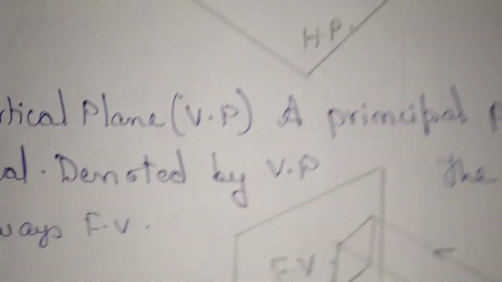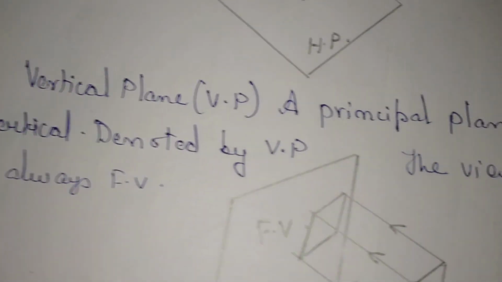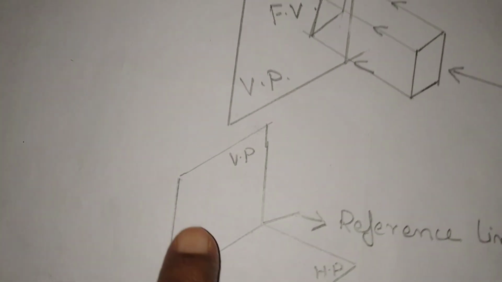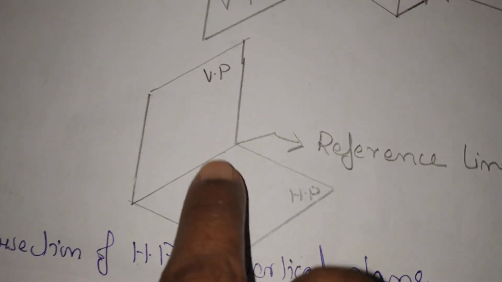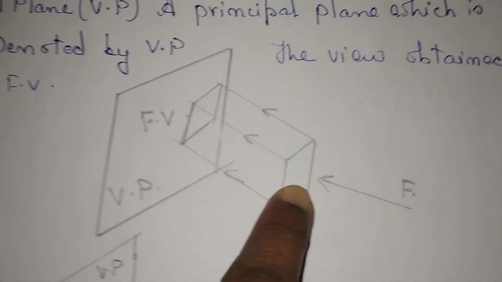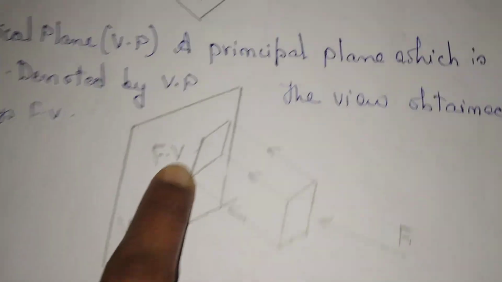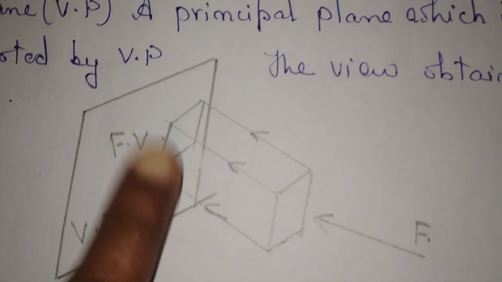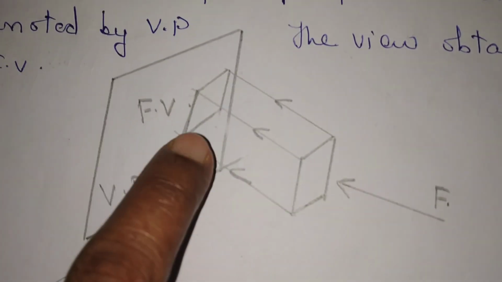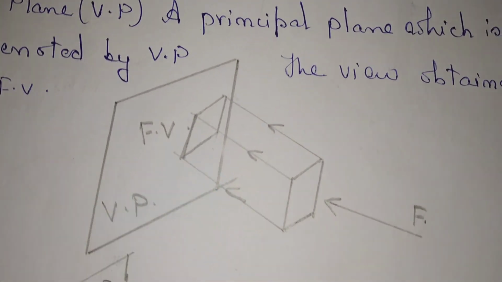Next is the vertical plane. A principal plane which is vertical is denoted by VP. So this is my VP plane, this is my HP plane, this is my reference plane. So look here, this is the object. An object has been placed here. Its image, its front view, is falling on where? On the VP plane. So you can see later on in theory of projection of points, I will explain in detail.